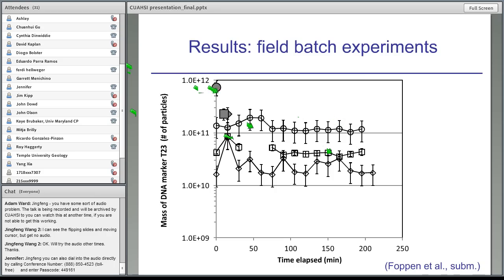Second of all, what we saw was that there is a huge difference between what we inject and what we find in our batch. And that difference started immediately. Within a few seconds, you see a huge difference between what you have injected and what you find back in your batch. Those Nalgene bottles were of course filled with river water, and we did those experiments immediately when we did our injection experiments in the brook.